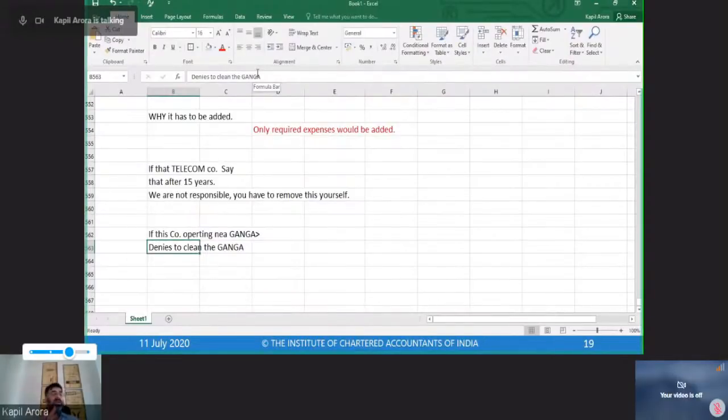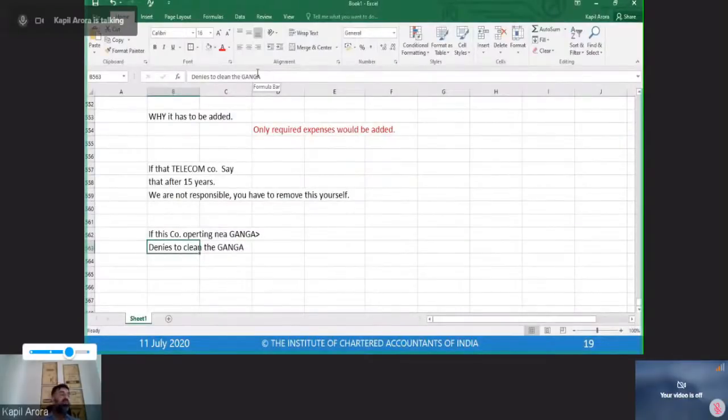Here I am talking about after a certain period of time. Generally, when I talk about shutting my operations, it means that the government has given me a license to run the business for, let's say, 15-20 years. So after 15-20 years, when the license expires, I have to clean that Ganga river.